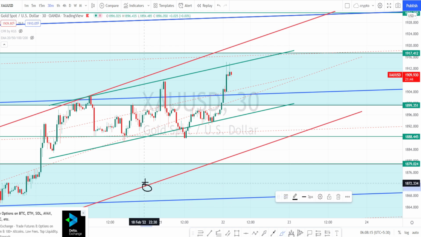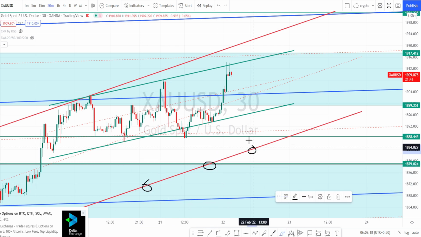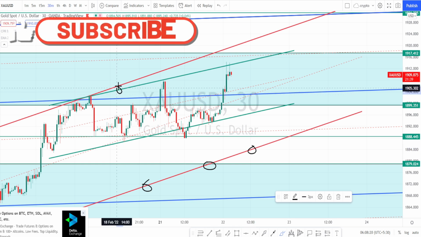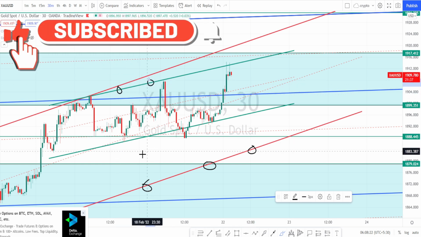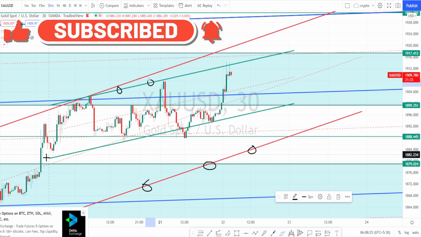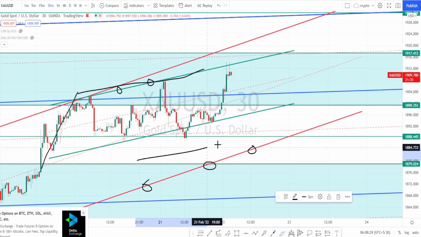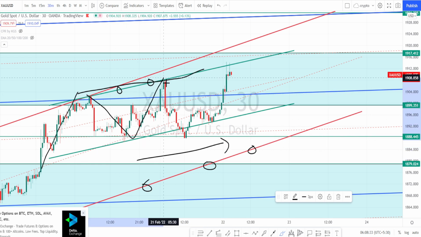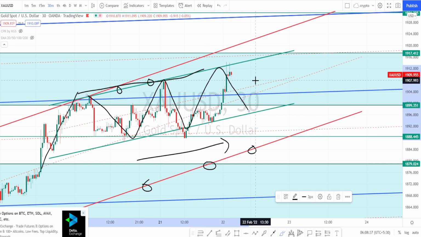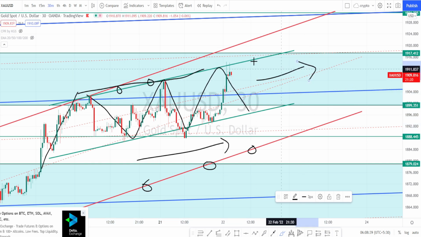This is a bullish channel pattern from the hourly time frame, and I have drawn one more channel pattern over here. So currently the price action stopped moving on a bullish trend and it is currently moving sideways, and it is trading within this bullish channel pattern on a sideways market, but still it is going on a bullish side.